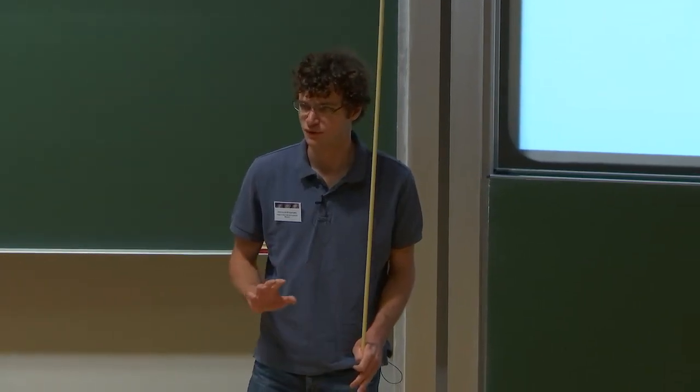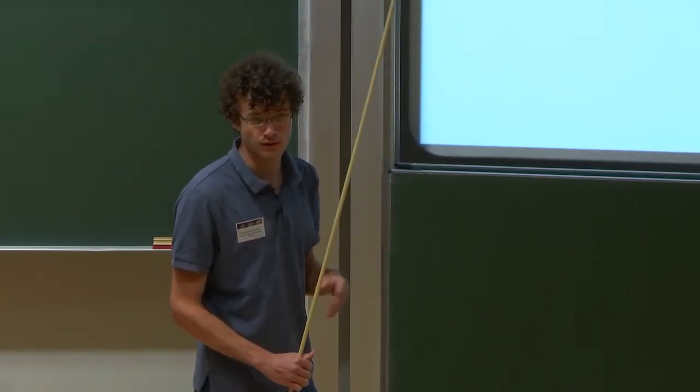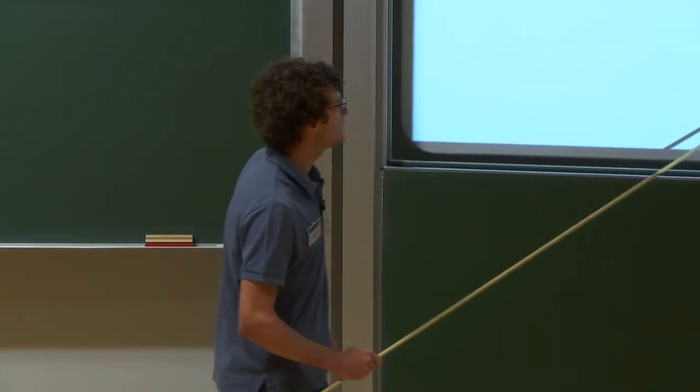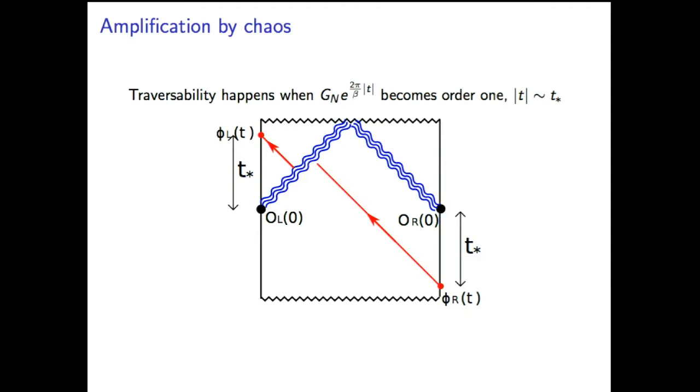So it should be a very small effect. But it's having an important influence on the discussion. You can see what's going on, because if we make this time very early, then even a tiny little kick in the null direction will be enough so that it will make it to the other side. In other words, we started with a configuration that was almost traversable. So even a very small amount of negative stress energy is able to make it actually traversable.